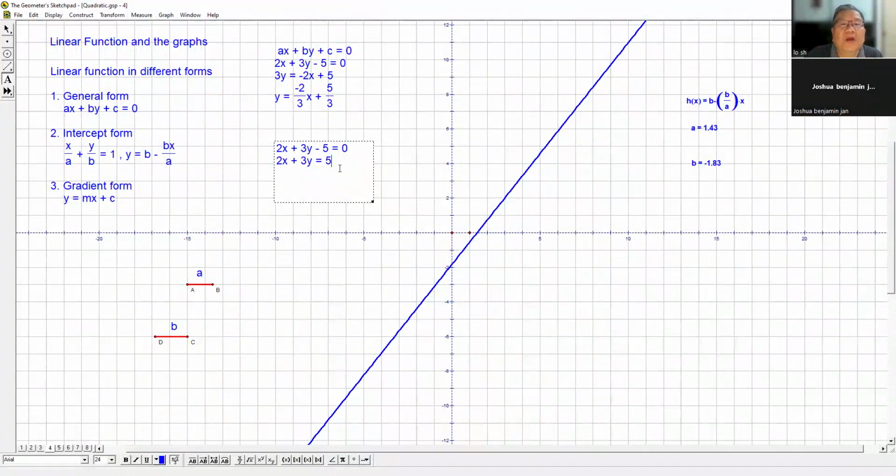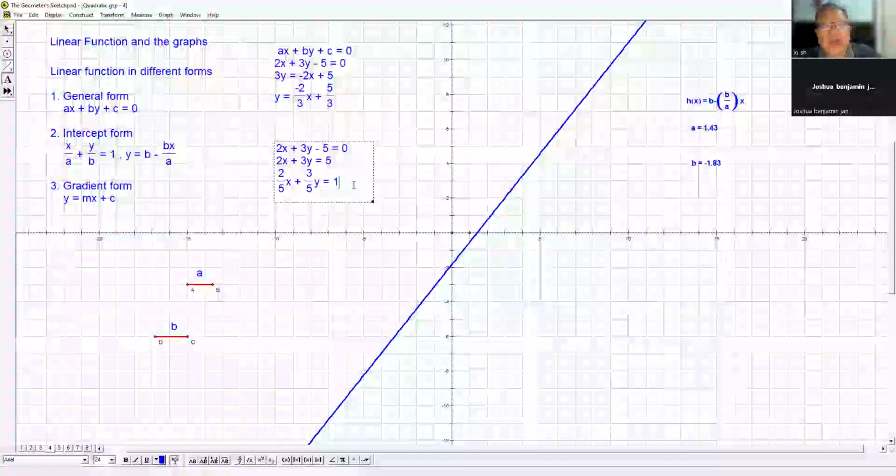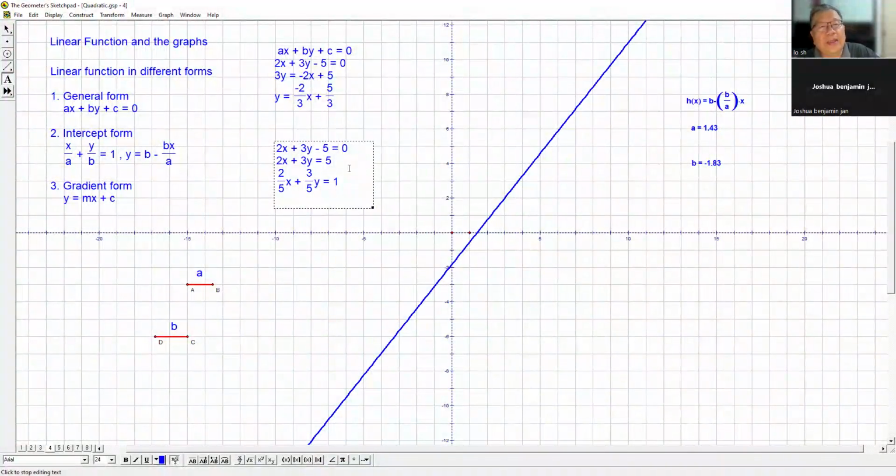When you divide by 5, this becomes 2 over 5 x plus 3 over 5 y equals to 1. Right? So this is the equation in intercept form.